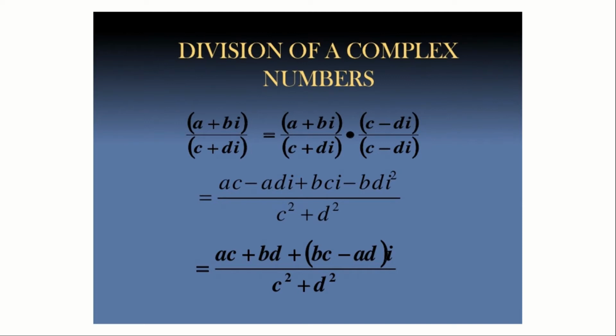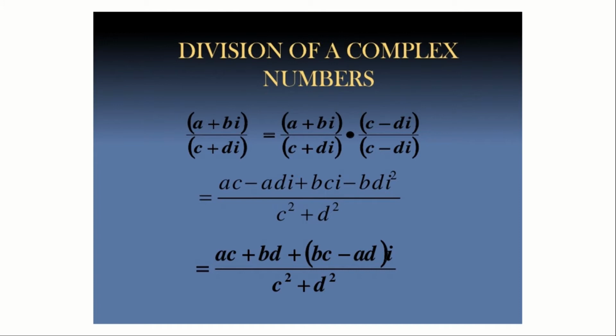Next is division of complex numbers. a plus bi divided by c plus di. In order to divide, we have to divide in groups, that is by rationalization. Here the denominator is c plus di. During rationalization, we will take the conjugate of the denominator. The conjugate of c plus di is c minus di. So we have to multiply and divide throughout by c minus di. a plus bi into c minus di, c plus di into c minus di.